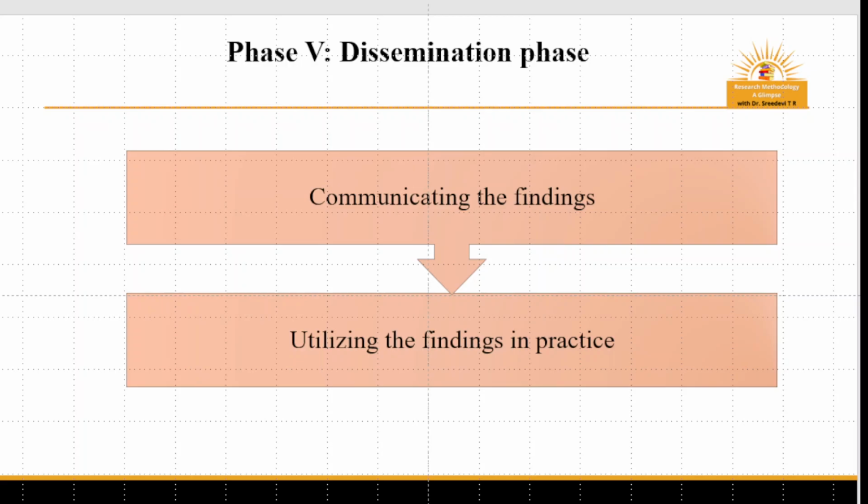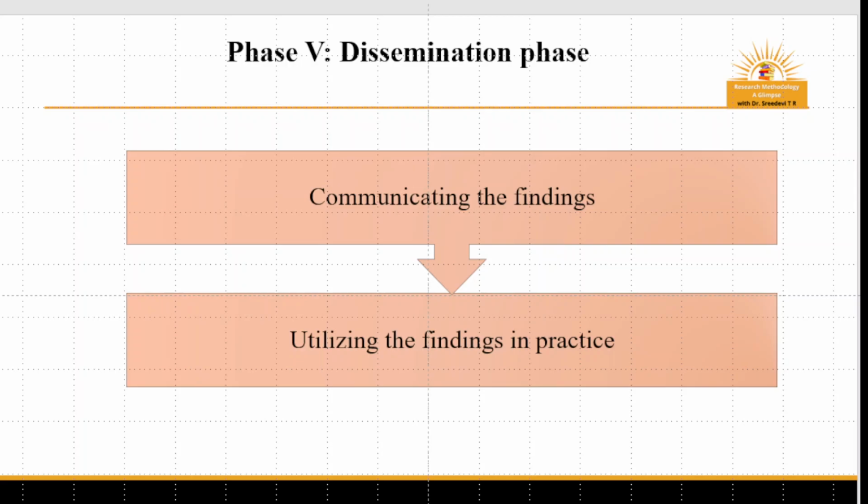After this, in the dissemination phase, the answer is already obtained for the question posed by the researcher. Now, the researcher's responsibility. The researcher has great responsibility in disseminating the results. The researcher's responsibility ends only with the dissemination of results.